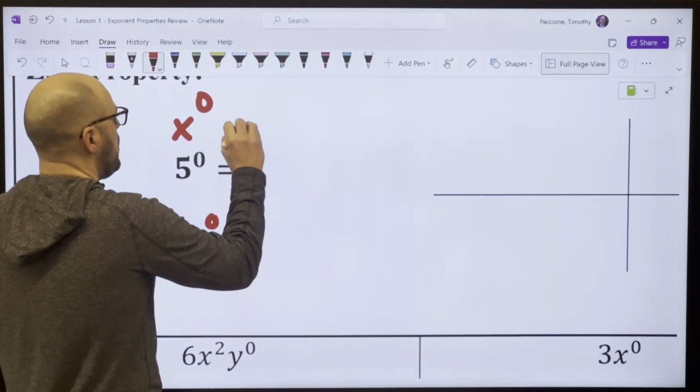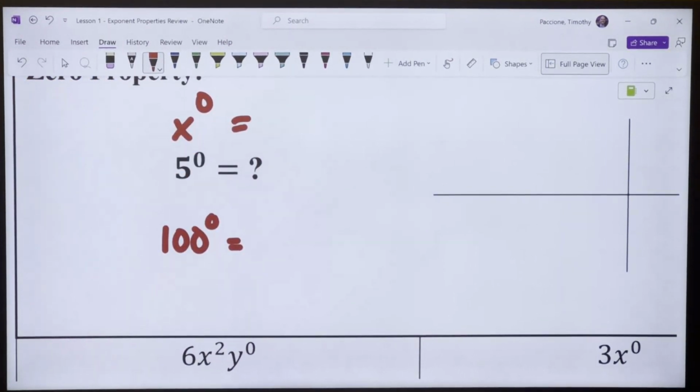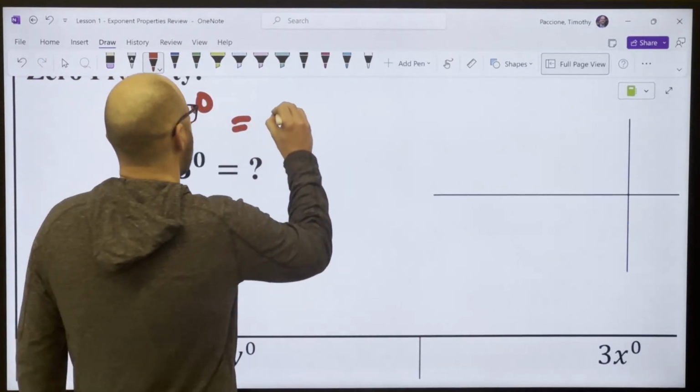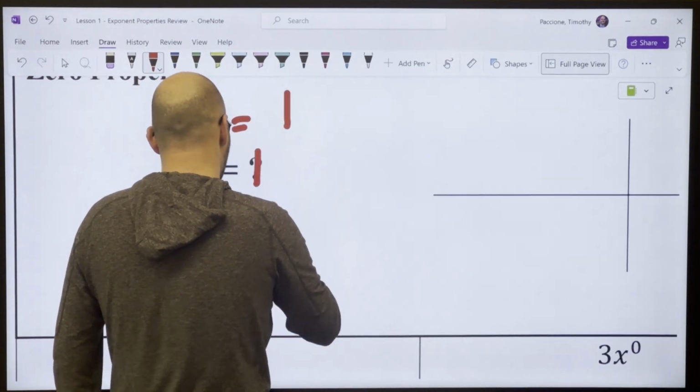Whatever the number is. I'm hearing a couple different answers. If we had x to the 0 and it disappeared. Go ahead. Not 0. Hannah? It's 1. Oh, that's right.